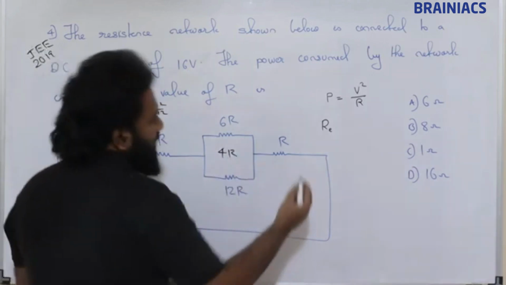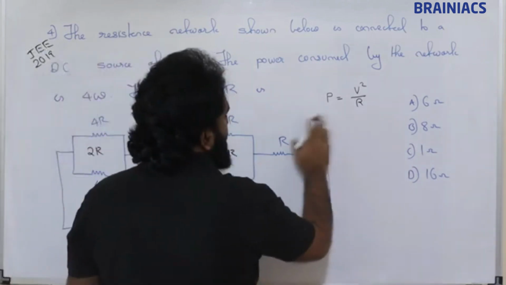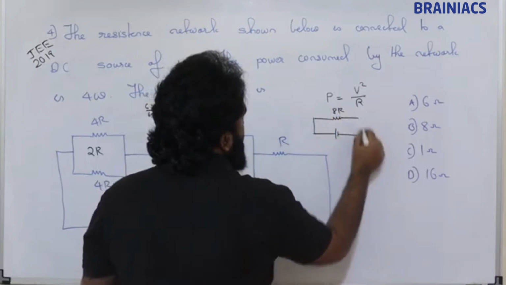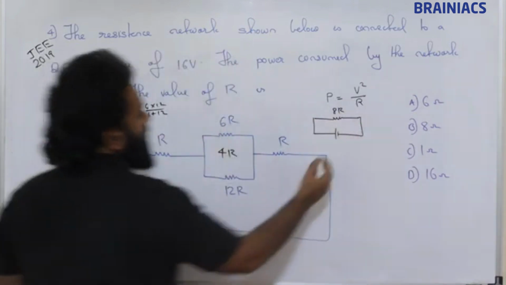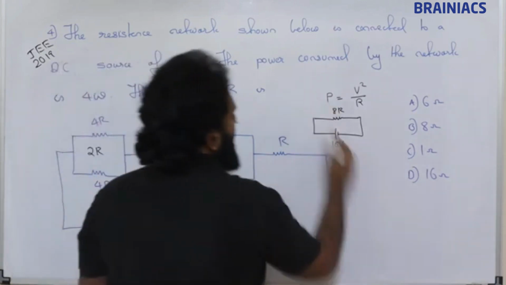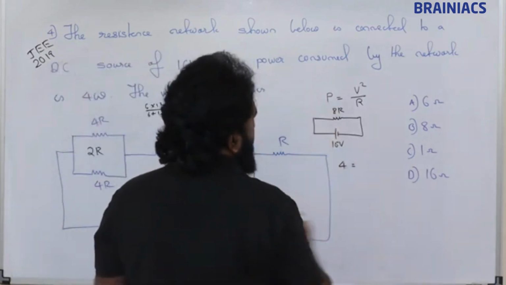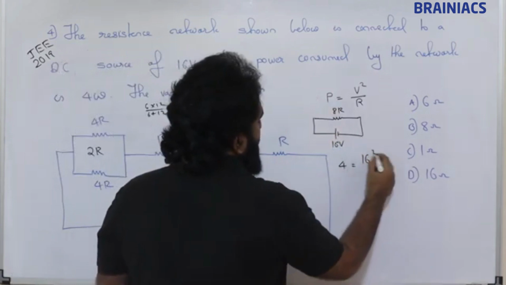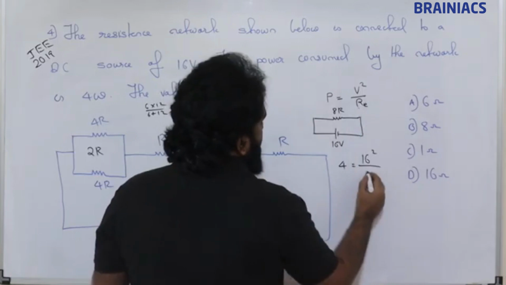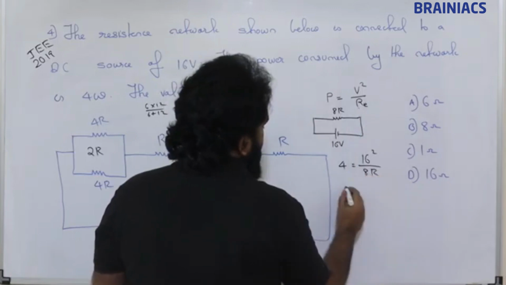So the circuit which we are going to get is this 8R, with 16 volt. So power P, which is given as 4 watt, is nothing but V square, 16 square, divided by R equivalent, that is 8R.